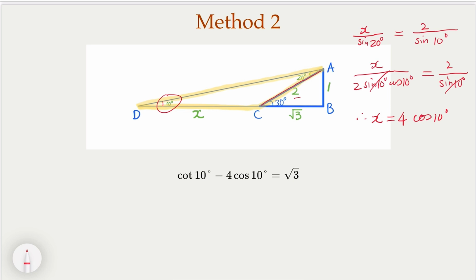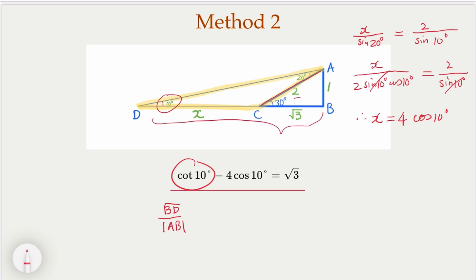What are we trying to prove? We're trying to prove this. So what is cotangent 10 degrees by definition here? Of course, we know that that's the length of BD over AB here, right? The length of AB, and BD is the whole length. This is cotangent 10 by definition.